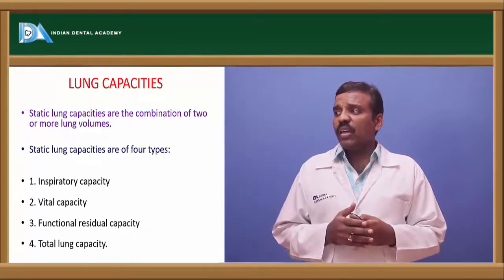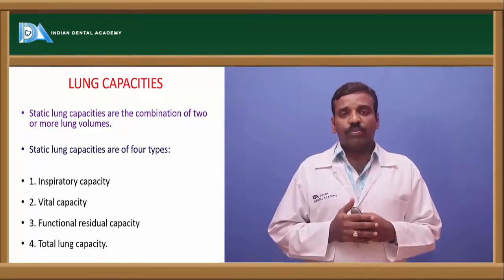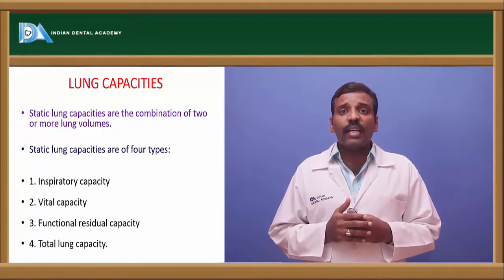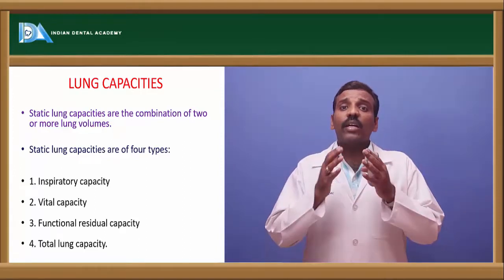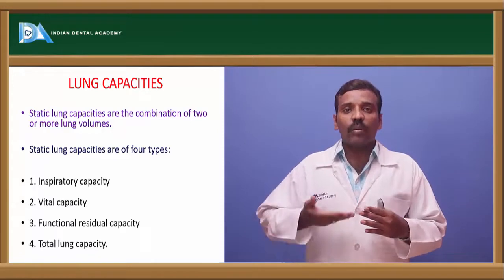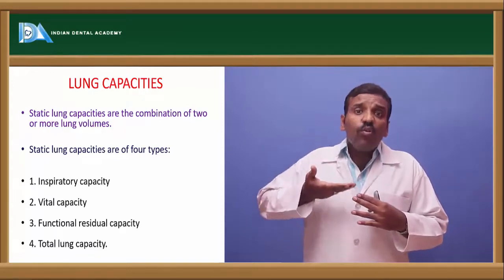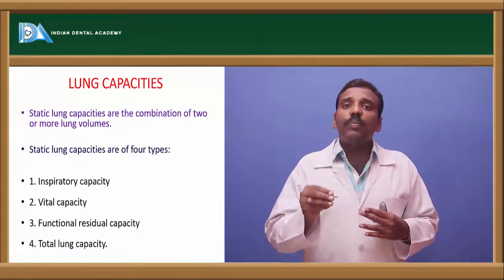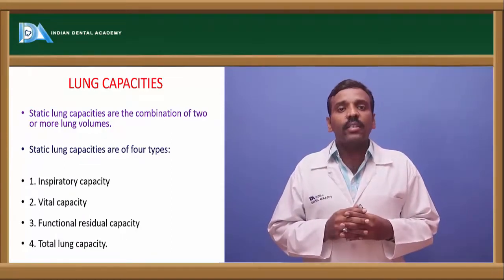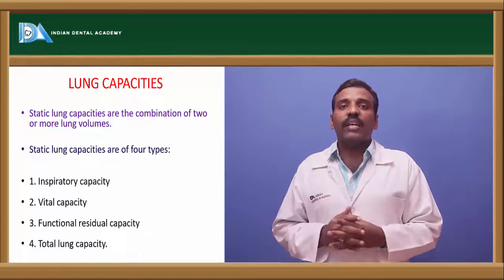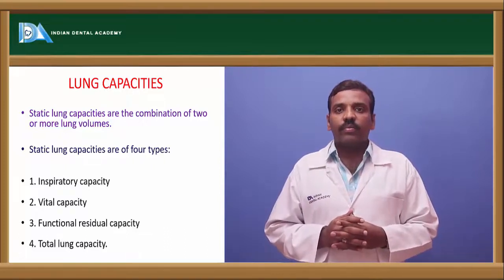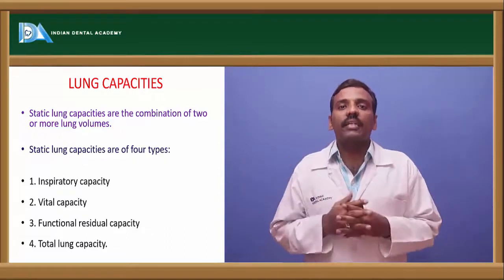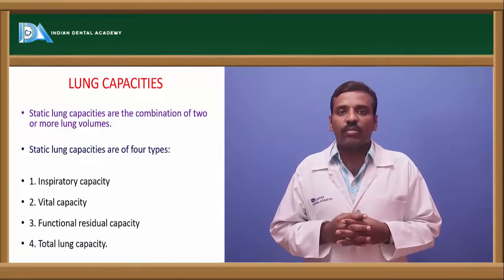The first one is inspiratory capacity. Inspiratory capacity includes the tidal volume, the normal inspiration, and then the forceful inspiration; that is, tidal volume plus inspiratory reserve volume. How much we are taking in completely is called the inspiratory capacity.